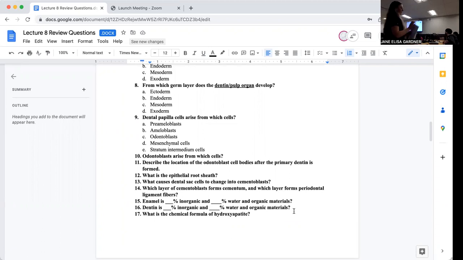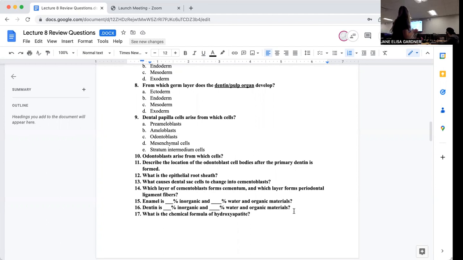So the first layer is the cementum, the deepest layer, and then outside of that, the second layer is periodontal ligament. If you look at a tooth cross section, you'll see that the cementum is closer to the root than the periodontal ligament.